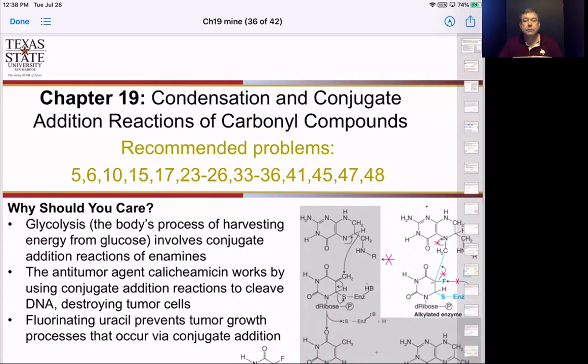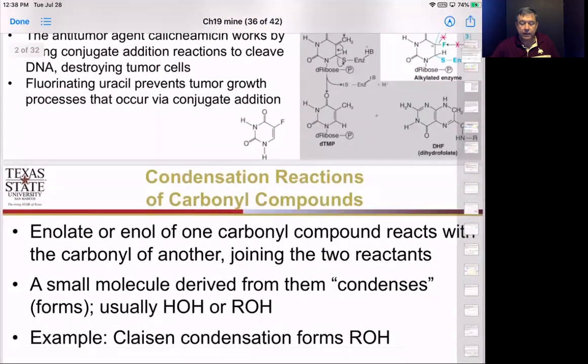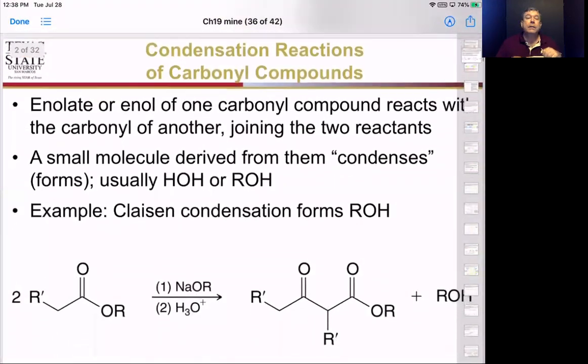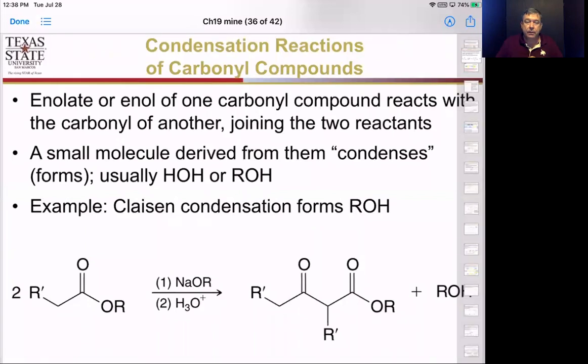Okay. All right, so now we're going to start with that same first step. We're going to start with the deprotonation at that alpha hydrogen position, but we're going to start with the material and actually react it with another equivalent of the same material. Okay, so let's start with that and look at what we call condensation reactions, okay?